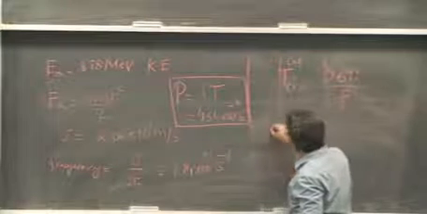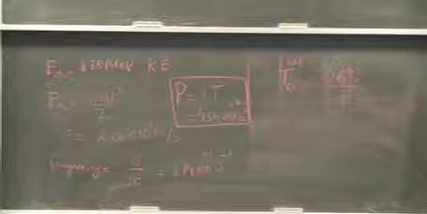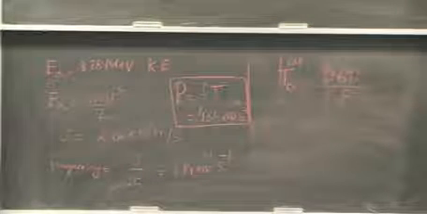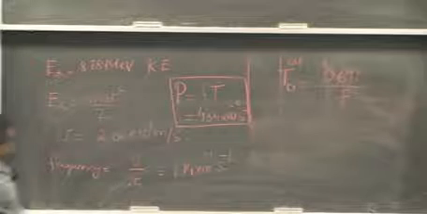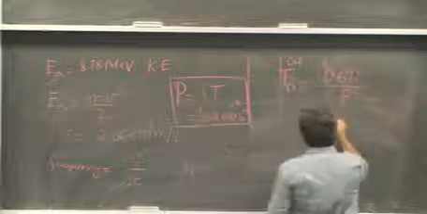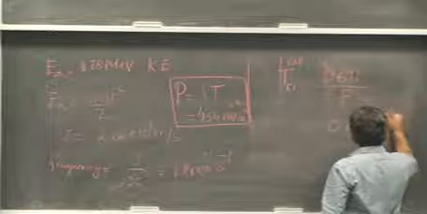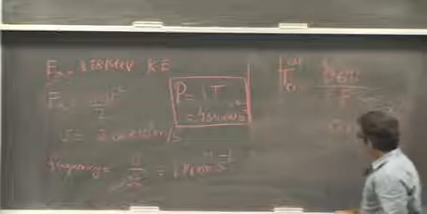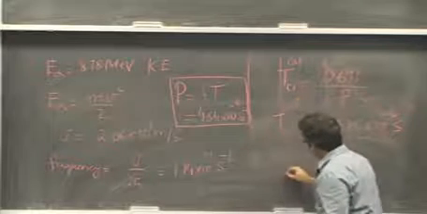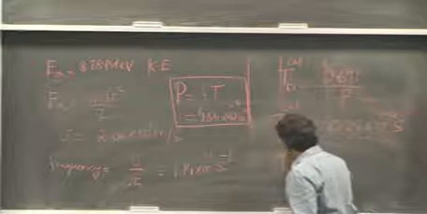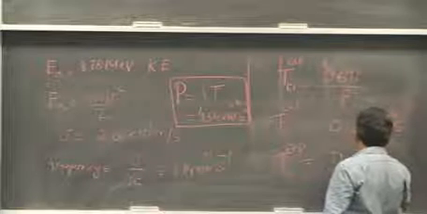So in this case, this would be 0.25 times 10 to the minus 6 seconds, and the experimental value is 0.3 times 10 to the minus 6.